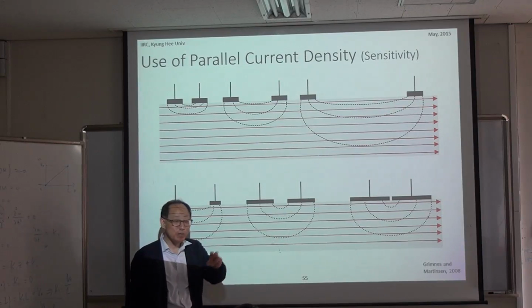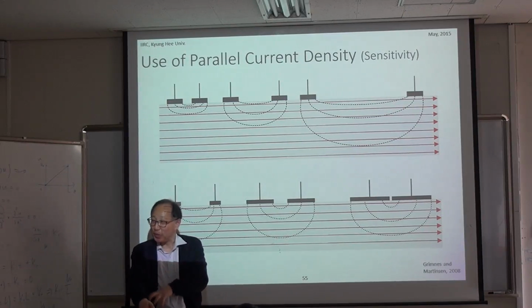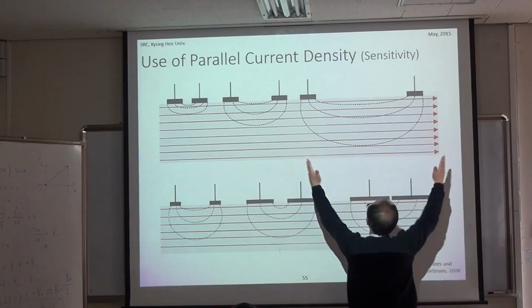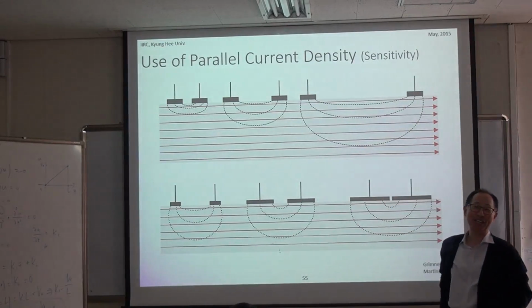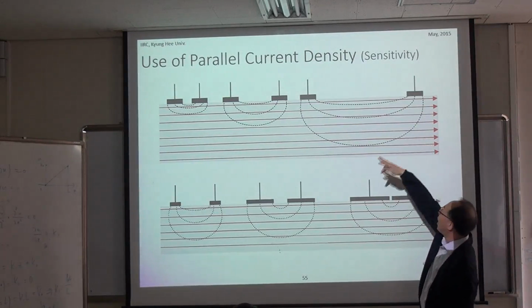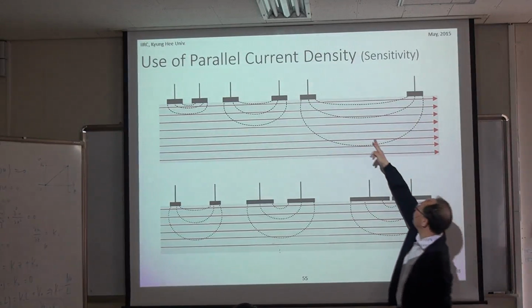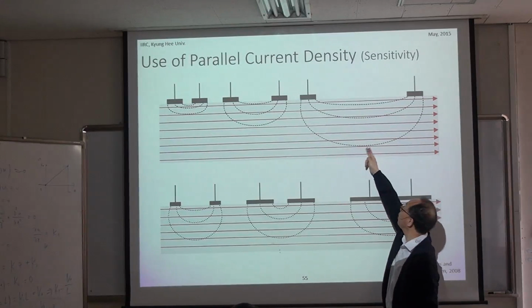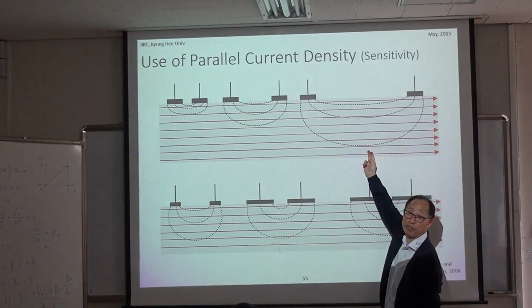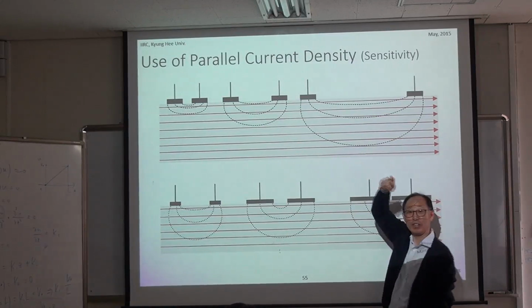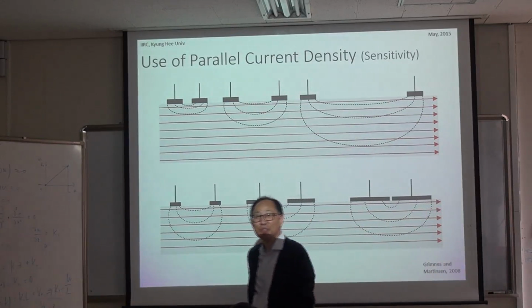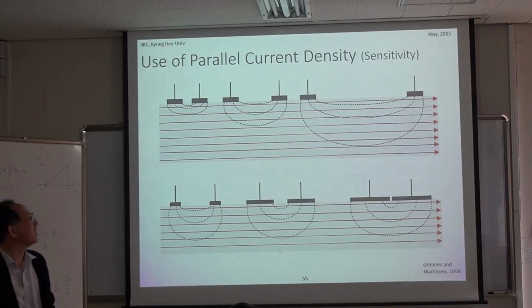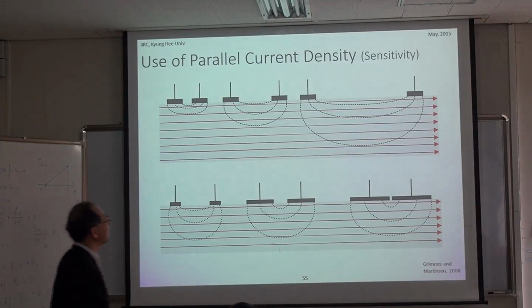So if you want to see something at a deeper position, what should you do? You have to use an electrode with a large gap. Then that electrode pair will produce this kind of lead field, which will give us a somewhat measurable amount of current density down here.